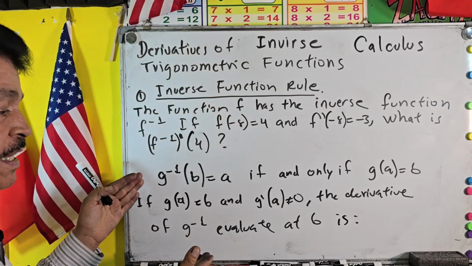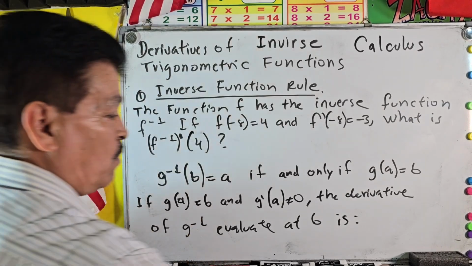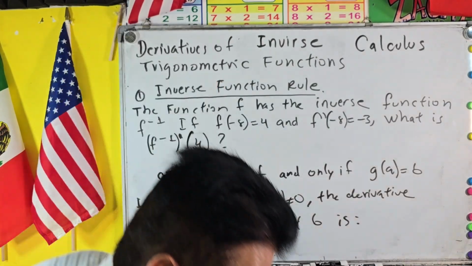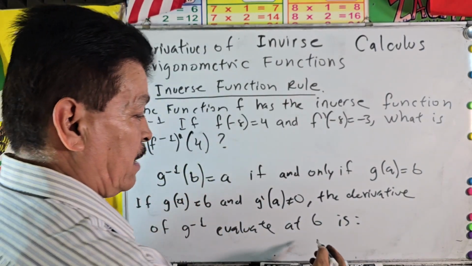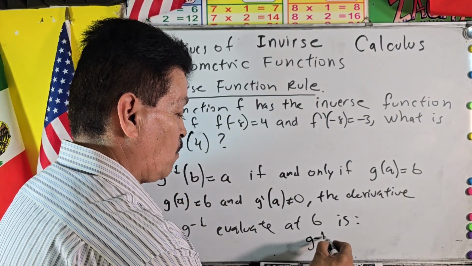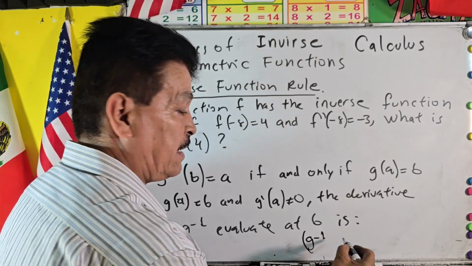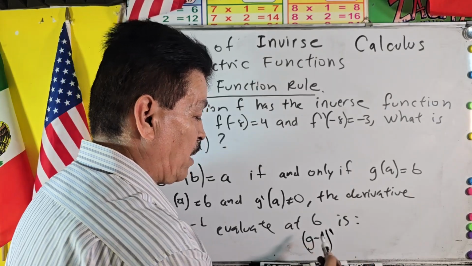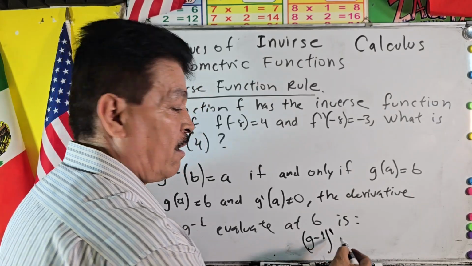Let's write it here: g to the -1, prime.